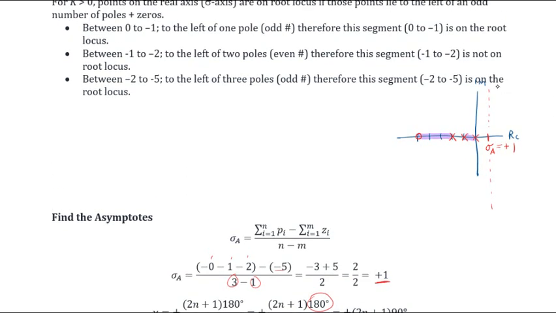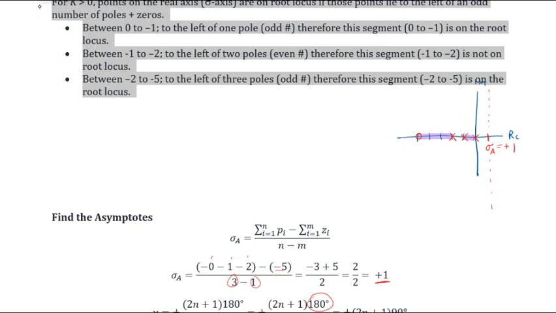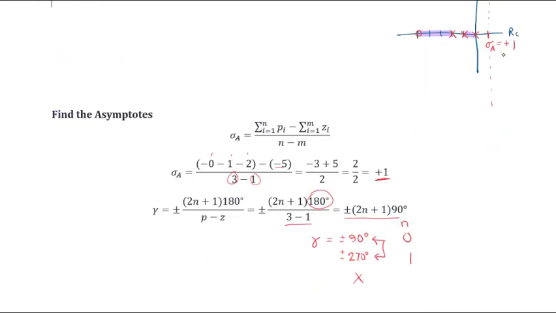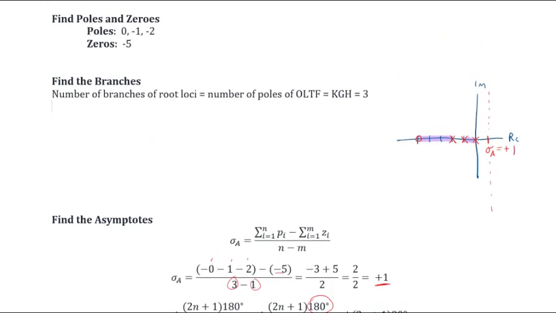But we can actually write this now. I'm going to go ahead and draw in the root locus right now before I go any further. That way, the finding of the breakaway points is just kind of an added bonus. So first off, there's a branch here between -2 and -5, and that's just going to be like that.